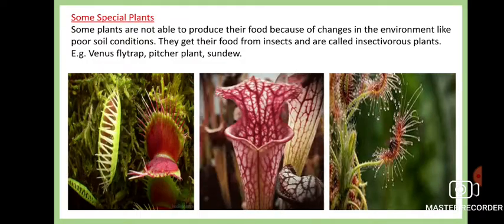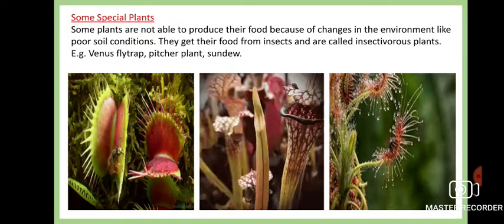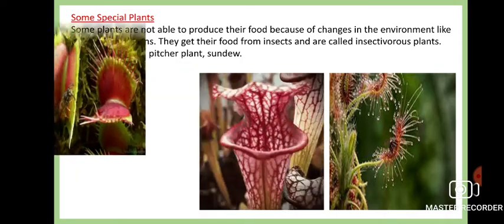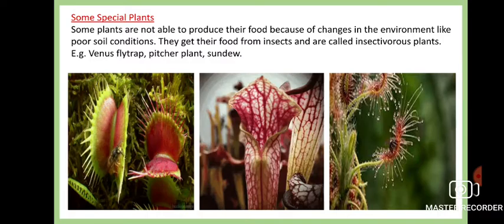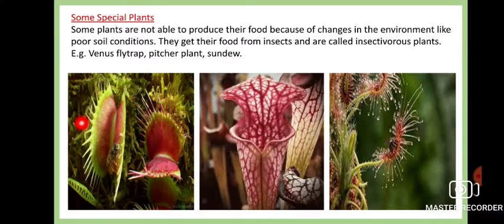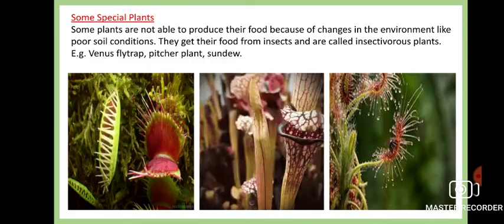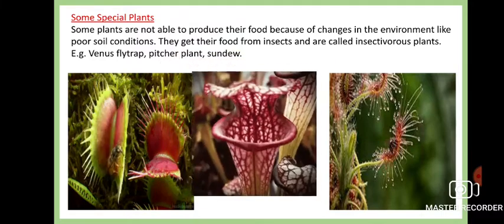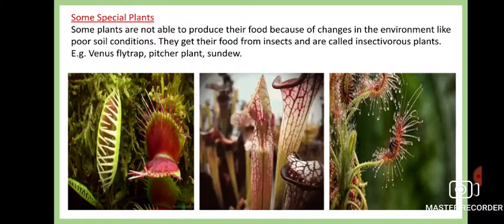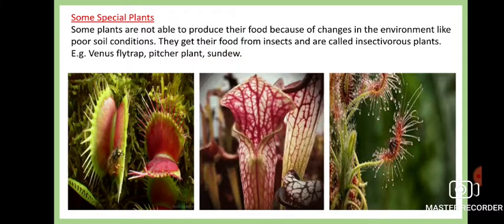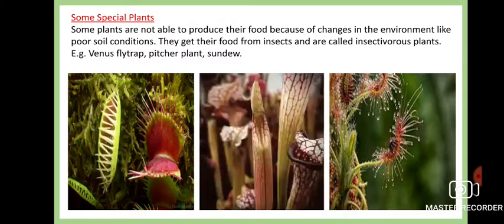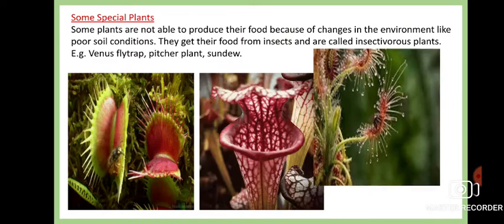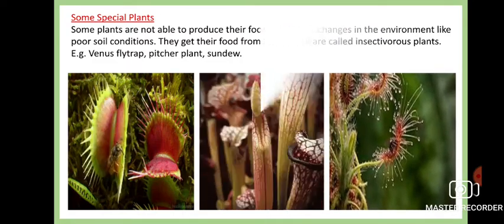What are the examples? Venus flytrap, pitcher plant, and sundew plants are examples of this. See again, as the insects come, they close their flaps. Here also you can see this structure.